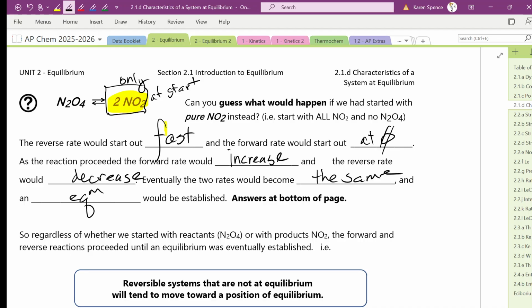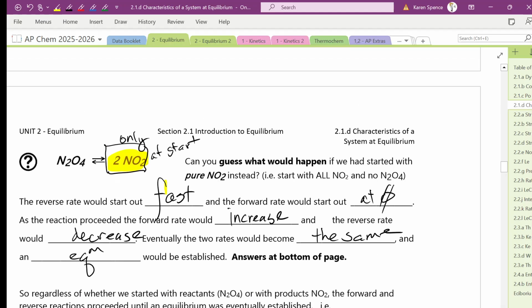Now, question for you. We have our N2O4 and we have our NO2 at high temperature. Do we favor reactants or products? Remember, this is brown.